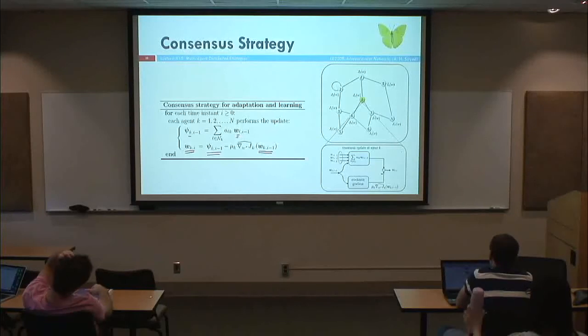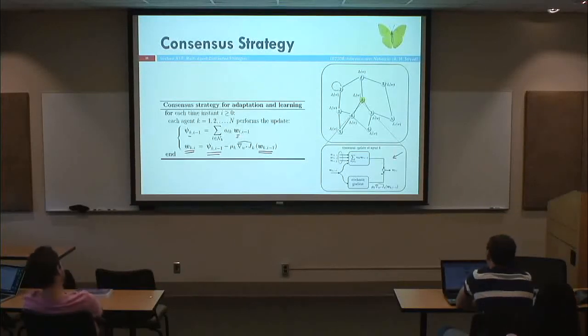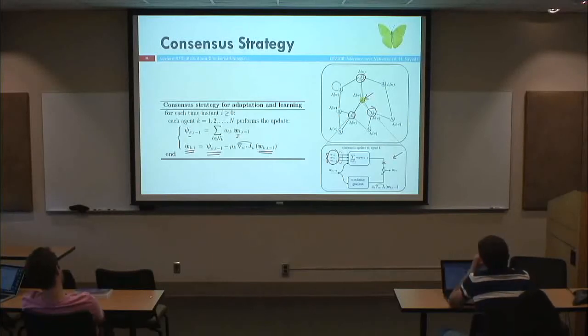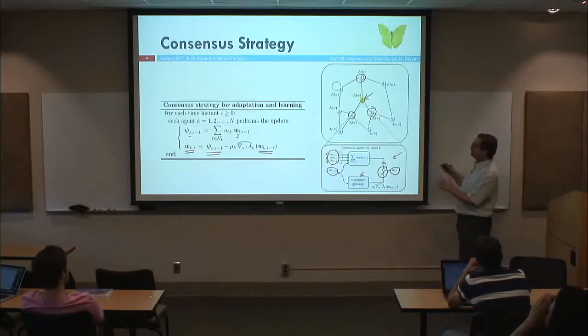And down here, you have a representation. For example, agent k has neighbors 4, 7, l, and k. So here it is, 4, 7, l, and k is there. It gets the weights from the neighbors, combines them, it goes here, and then it gets its own estimate, applies a stochastic gradient computation to it, combines them to update its estimate, and everybody else is doing the same thing.